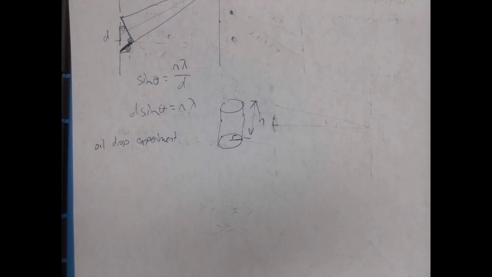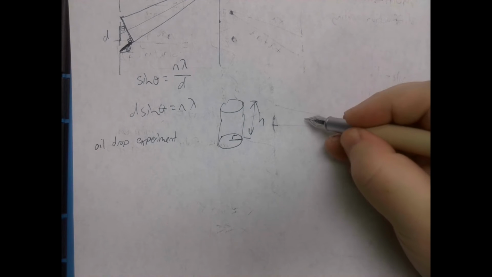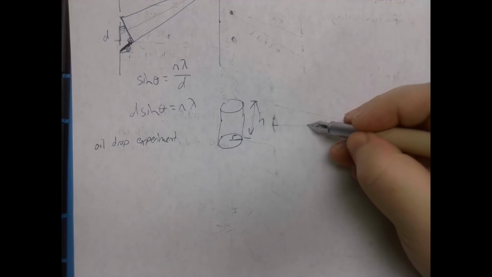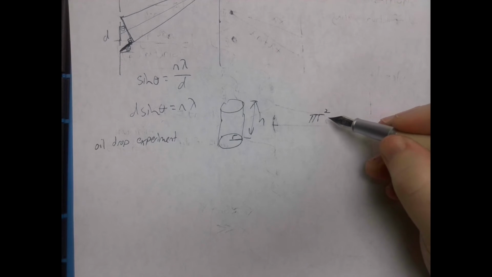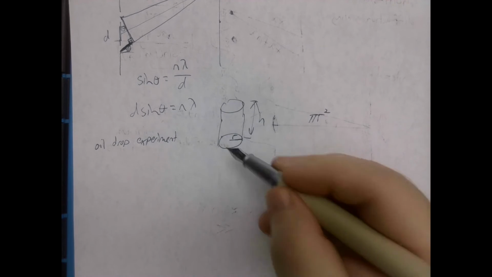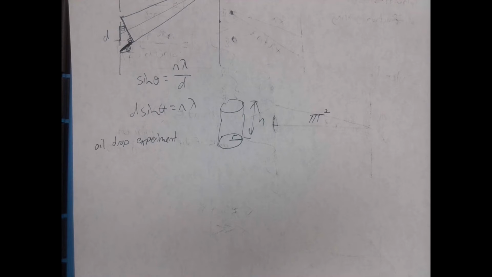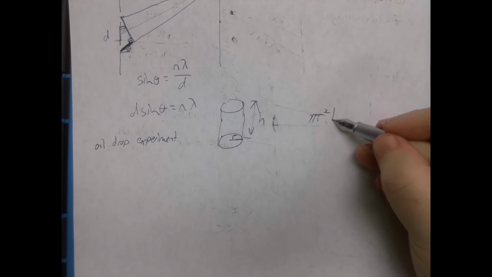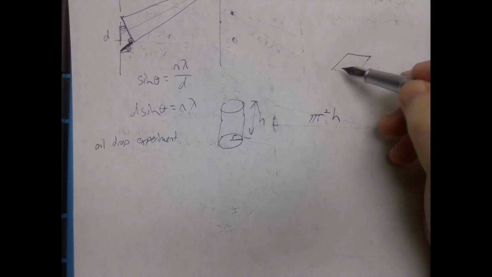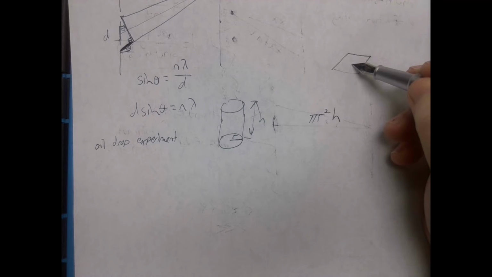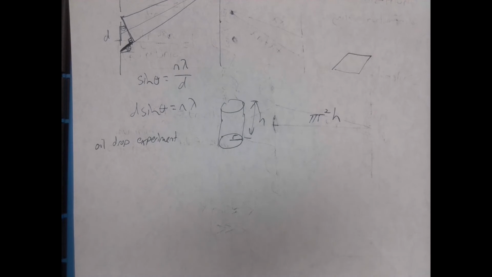What's the area of a circle? Pi r squared is the area of a circle. And now what's the volume of the cylinder? Yes, just like whenever you're doing the volume of a cube or something, it's the area of the base times height.